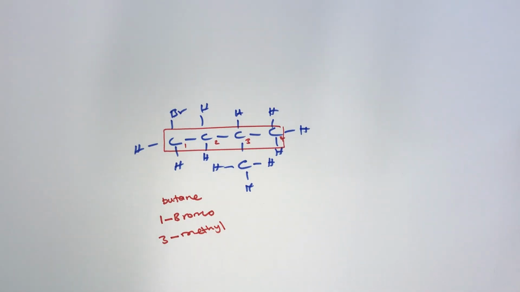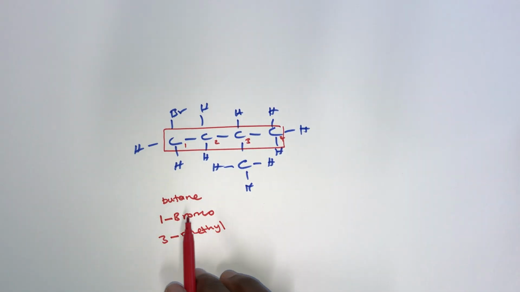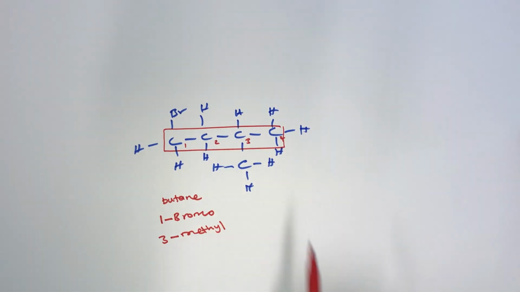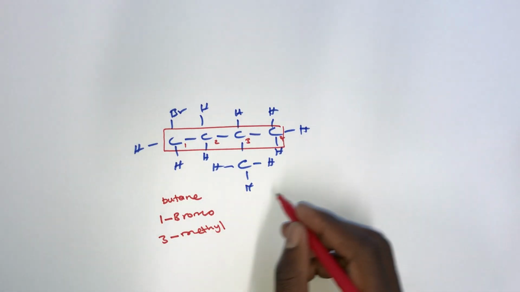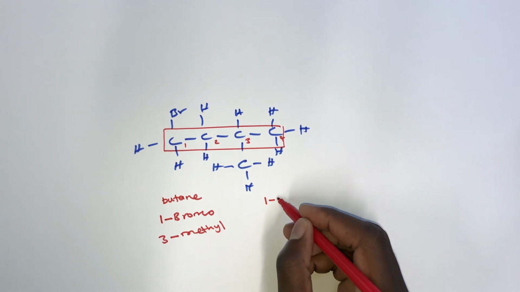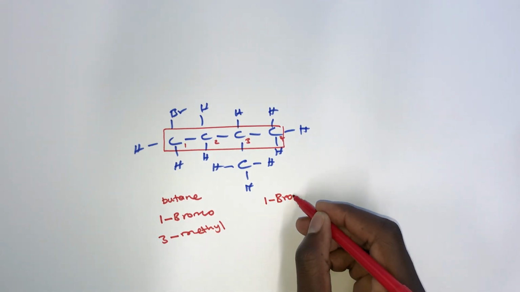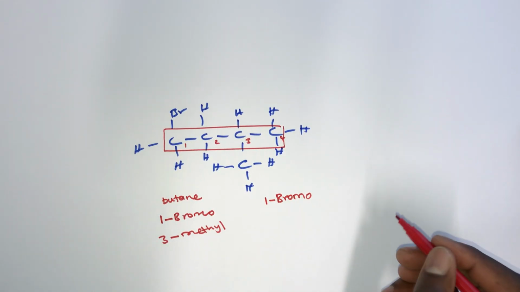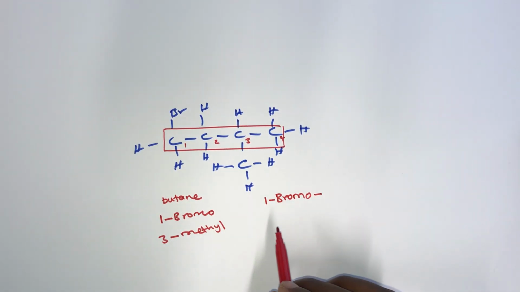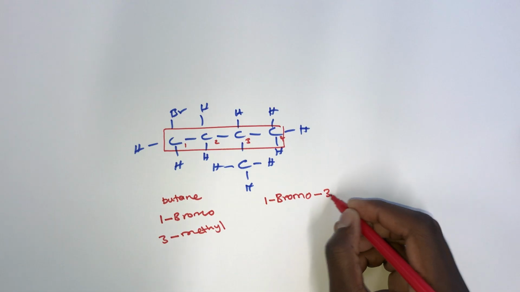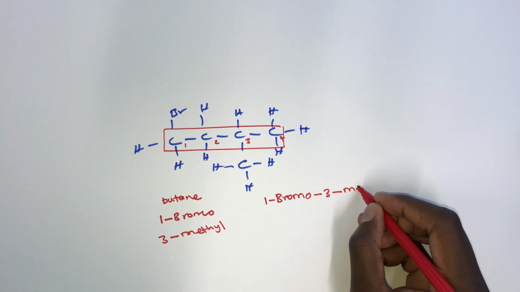Now we must combine the names and make it one name because it's one structure. Between B and M, B comes first alphabetically, right? So now we're going to say 1 dash bromo. That means bromo must come first, and then dash, as long as there is a number, we must put a dash. So dash 3 dash methyl.